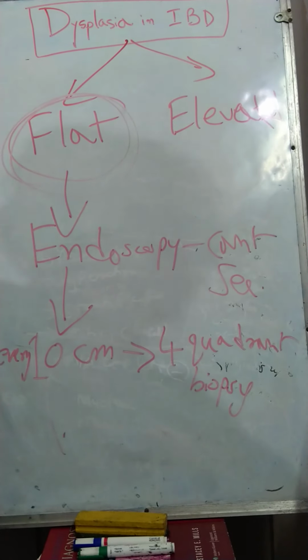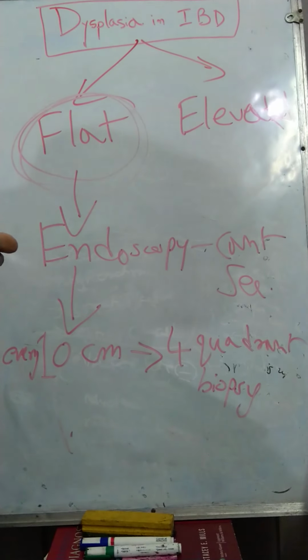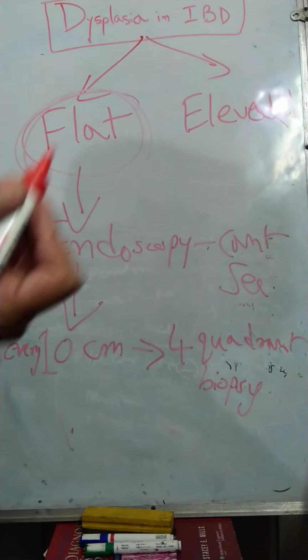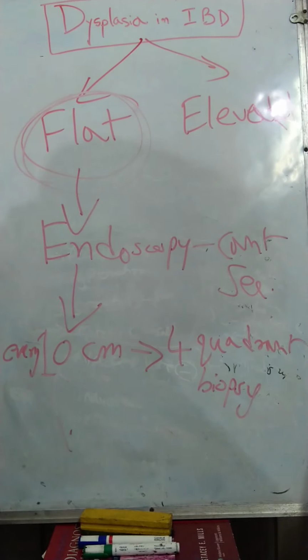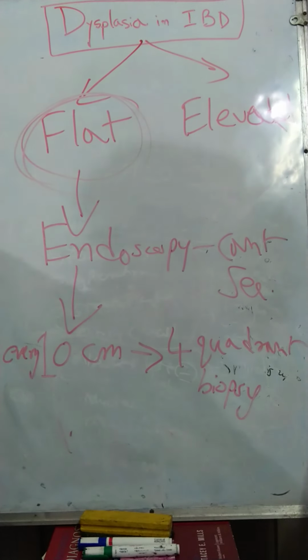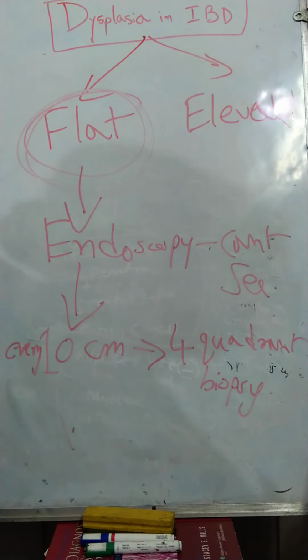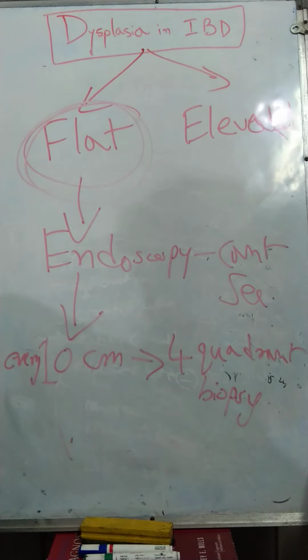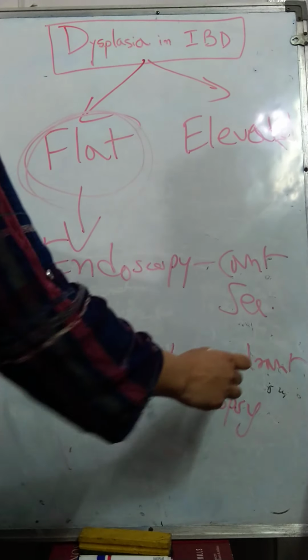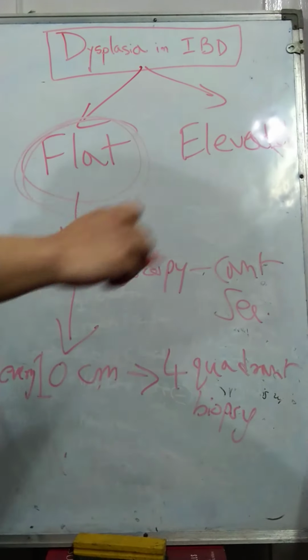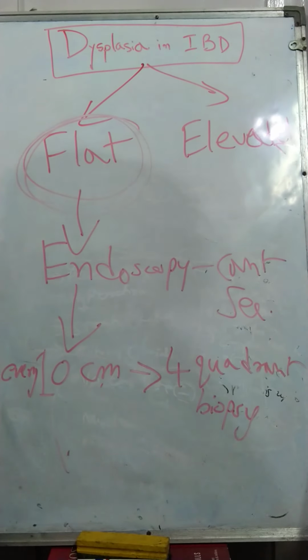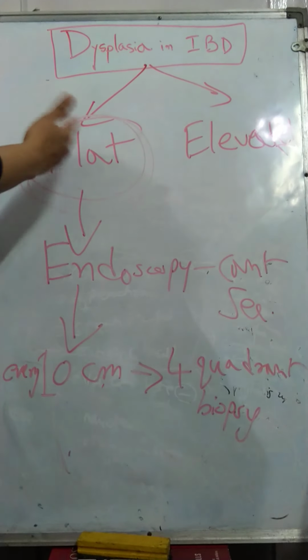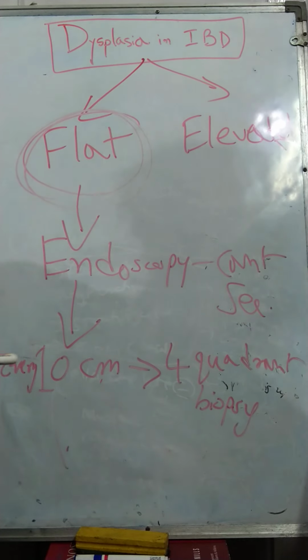But on the flip side, you will end up getting some 30 to 40 biopsies from a single patient who is on a surveillance follow-up protocol. This is the recommendation when an endoscopist is using a normal endoscope. So for every 10 centimeters of the colon, a 4-quadrant biopsy is taken, only to increase the sensitivity of picking up the flat dysplastic lesion.